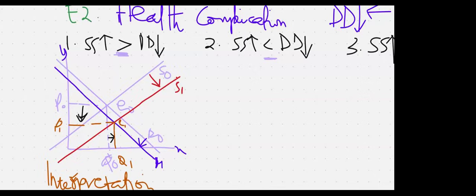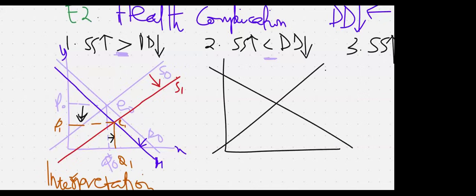Now the second stage. The second stage says that here the supply will have a lesser impact, demand will have a greater impact. So I draw the original. Always start with the original, S0. S0.